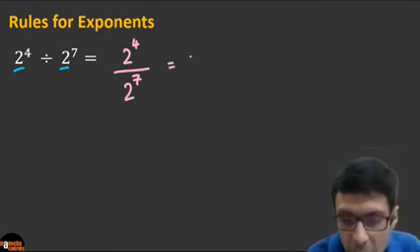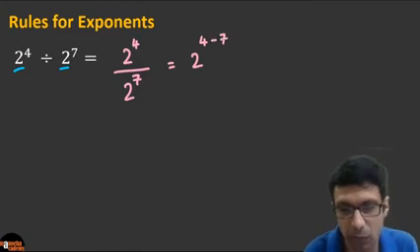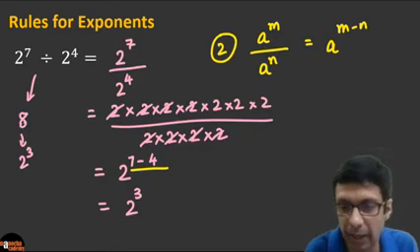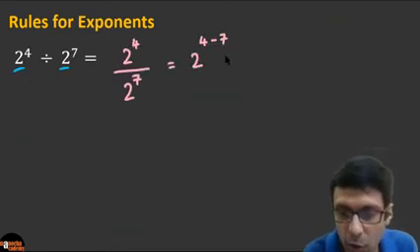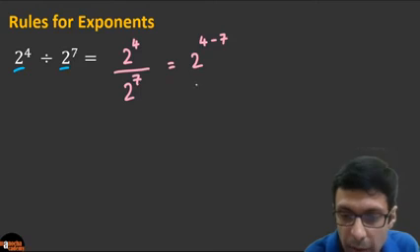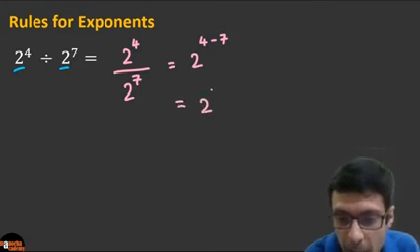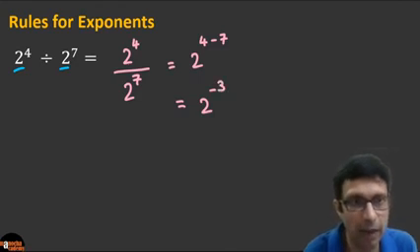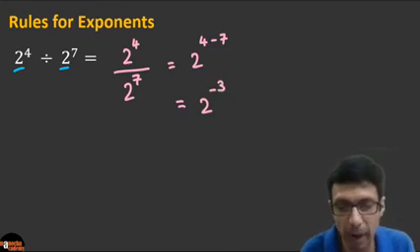So we are going to get 2 to the power 4 minus 7, right, guys? If we use our previous rule, which was this one, a to the power m minus n. So we are going to end up with 2 to the power minus 3. Okay, very good. So 2 to the power minus 3.